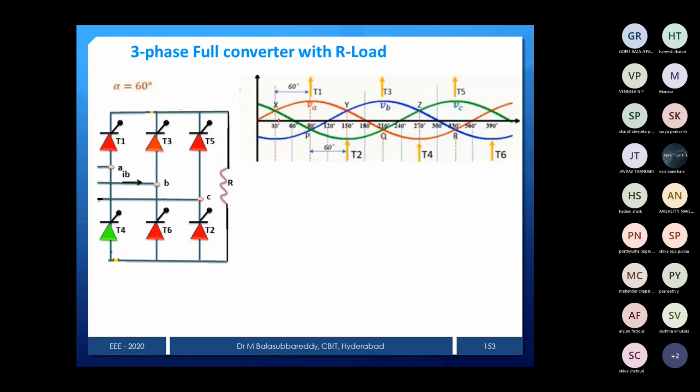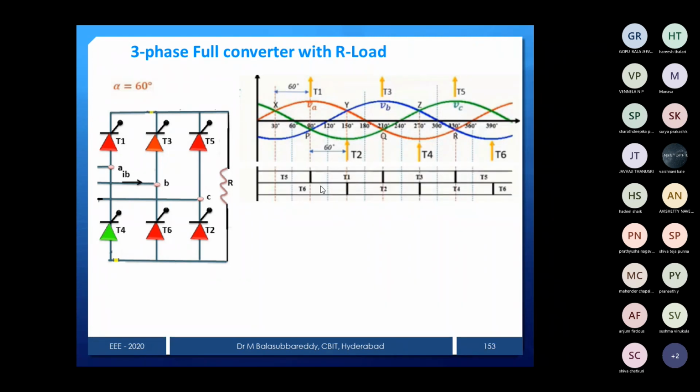But one way is to count alpha from the crossover points. This is the crossover; count 60 degrees and provide the firing pulse for T1. And this is 0 for T2, 30, 60 here for T2, then T3, then T5, all of them. Just count from the crossover onwards. This is the way you have to represent the firing pulses.